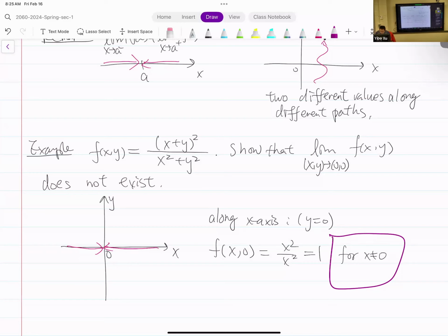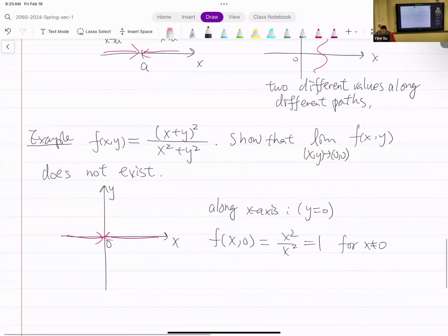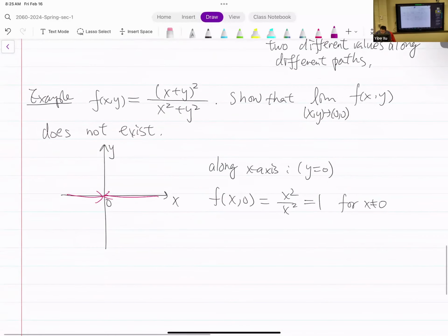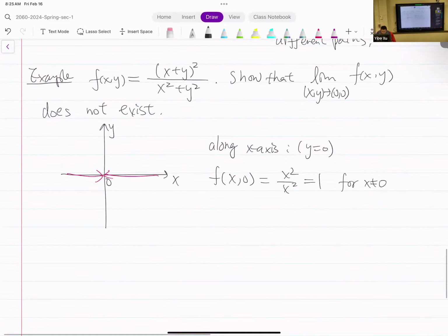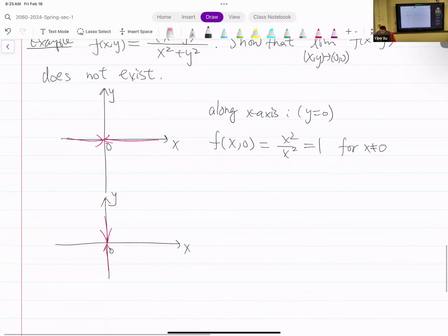Okay? Because that's basically what happens when you're taking the limit: you're not taking the input to be exactly that input value. You're just getting arbitrarily close, but never that value. Because here, for the fraction, you just want it to be always valid, right? And now we also mentioned that if we approach along the y-axis, it's going to give us the same thing, but let's also put that down.